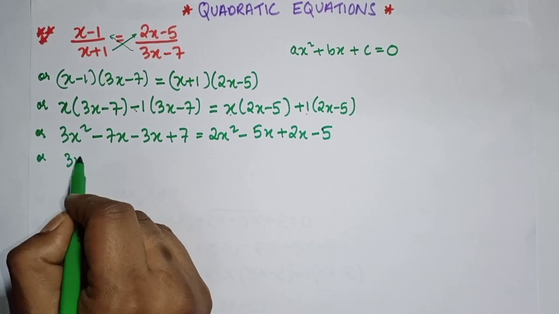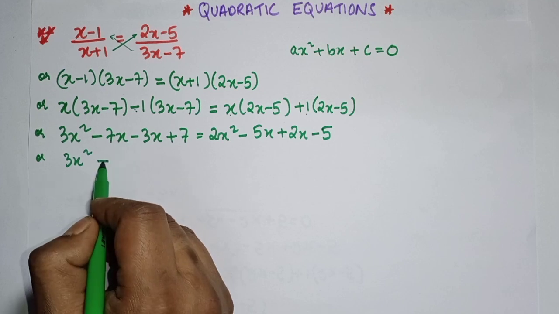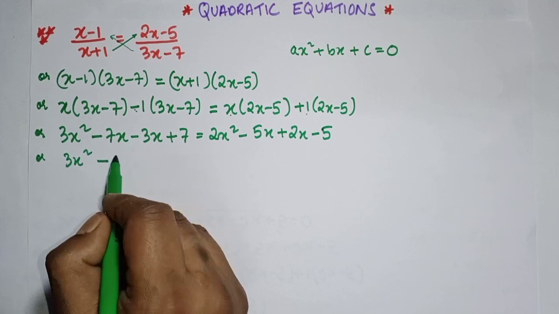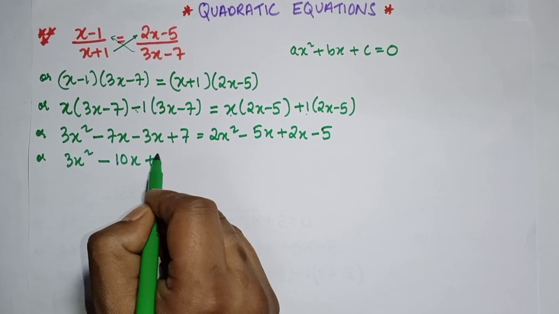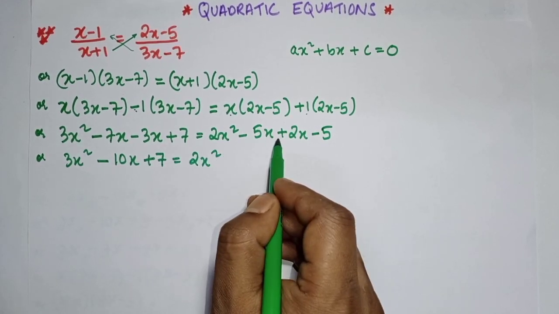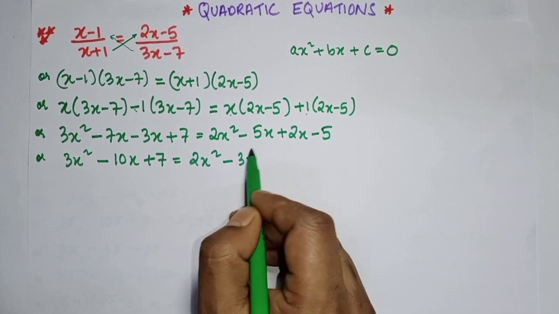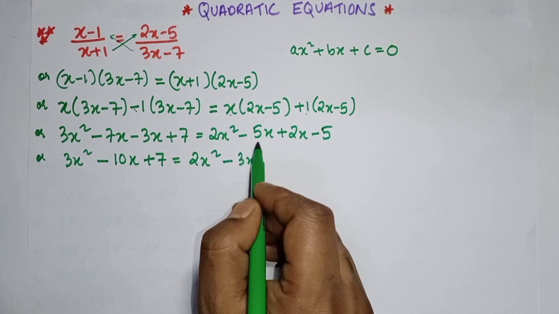Now next step, 3x square minus minus is plus. Since 7 is bigger, so sign will be minus. 7 plus 3, 10x plus 7 equals to 2x square. Minus plus is minus. That is 5 minus 2 is 3x. What will be sign? Since 5 is bigger, sign is minus.